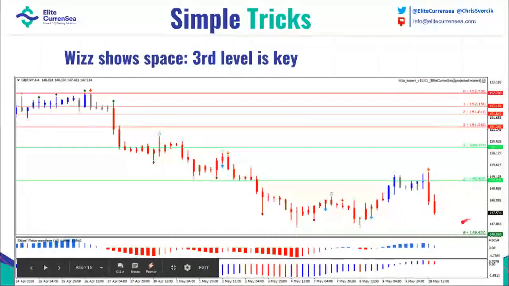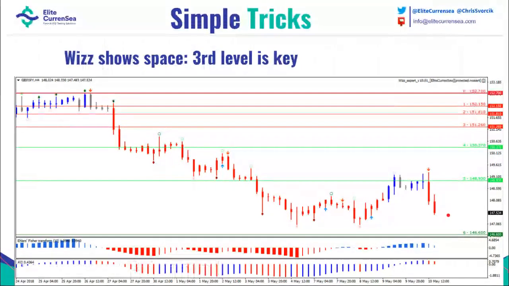And also when it breaks into very far levels, like if it breaks into the 7th level, that's actually where traders really get messed up, because price is already beyond level 7 Wiz, which is a huge move away in one direction. Price starts to go into massive consolidation.